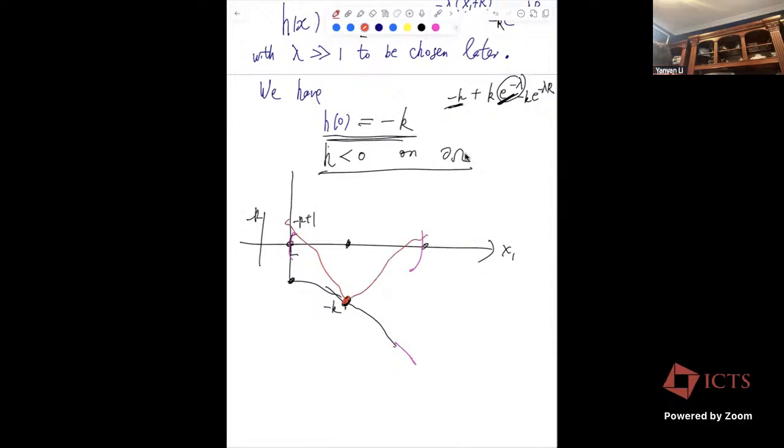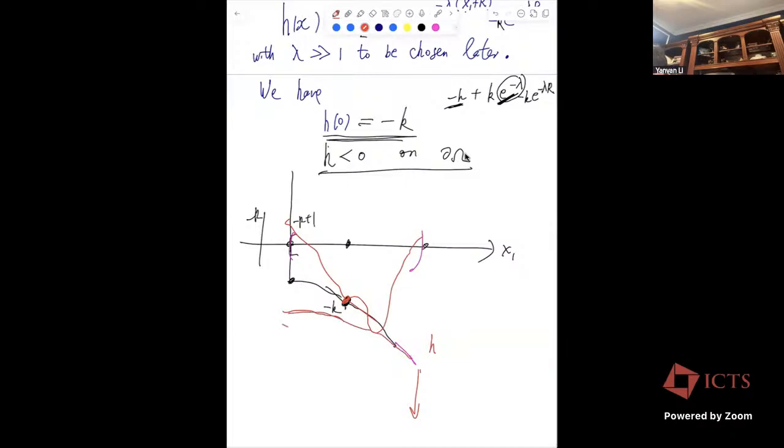So you can move this h down, because u can be like this. That's possible.